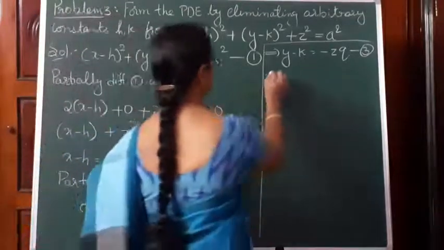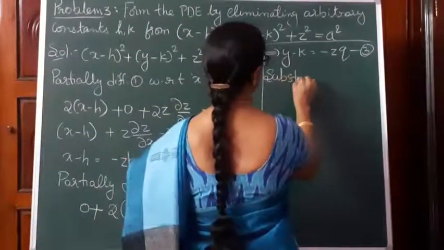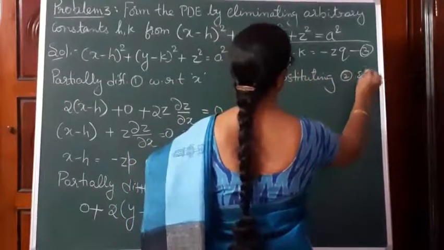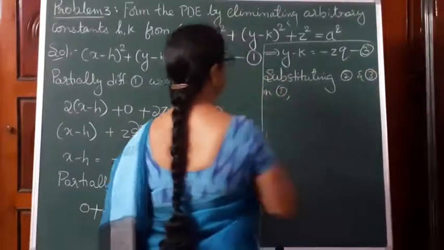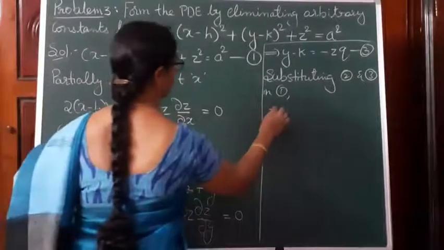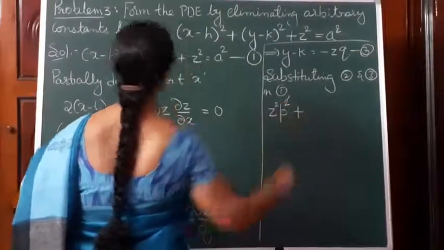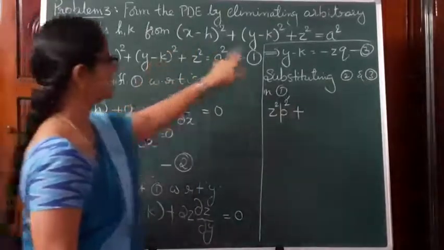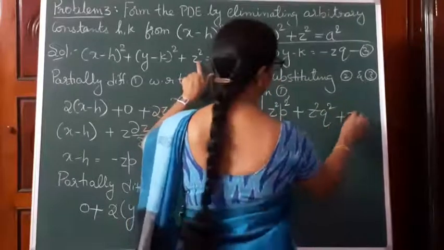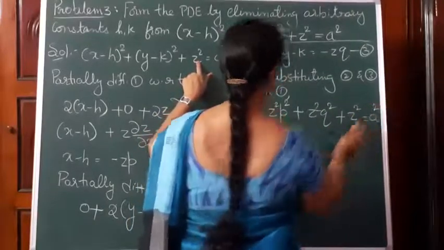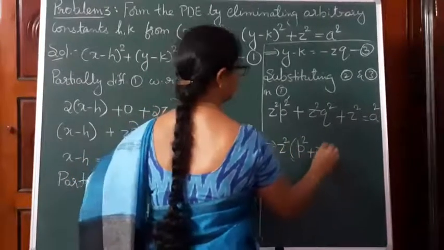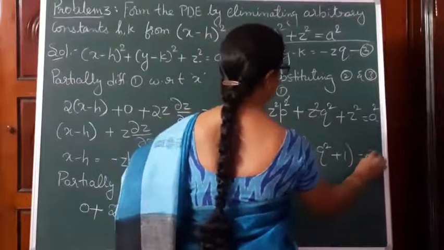So substituting 2 and 3 in equation 1, we get x minus h whole square, that means z square p square, plus y minus k whole square, that is z square q square, plus z square is equal to a square. That means z square into p square plus q square plus 1 is equal to a square.